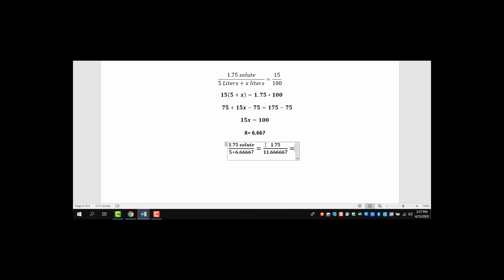And if I just divide these two numbers and then move the decimal 2 places to make it into a percentage, 1.75 divided by 11.666666, I'm going to get 0.15 over 1, which is the same as 15 over 100, which is the same as 15%. So it works, right? I checked my work.